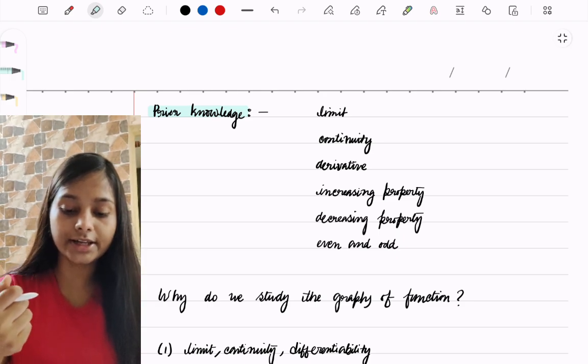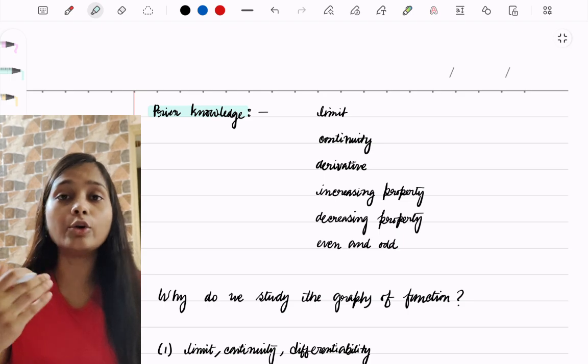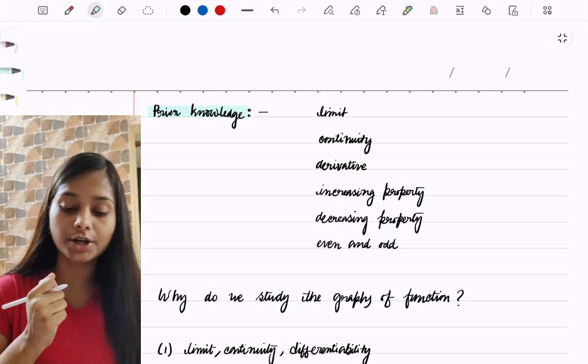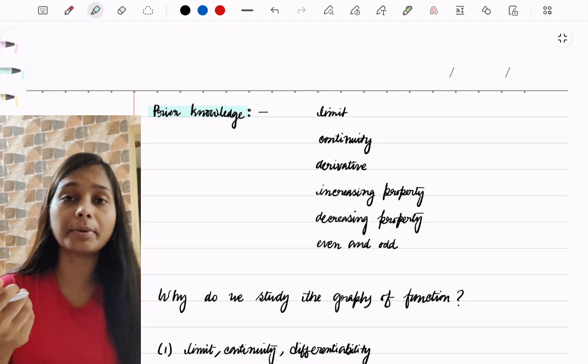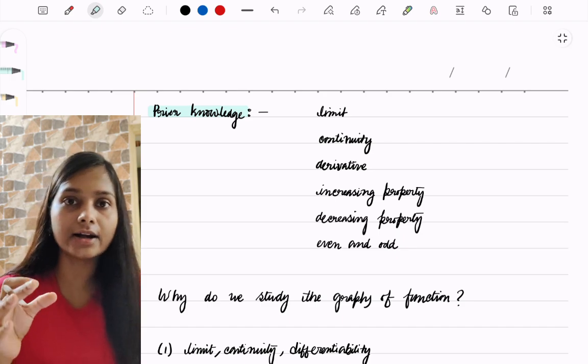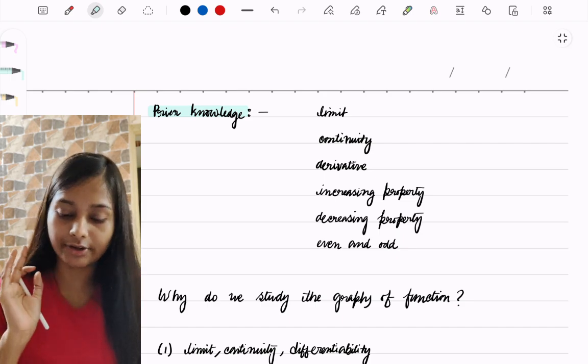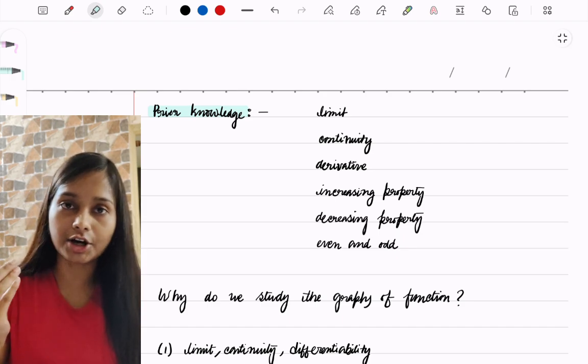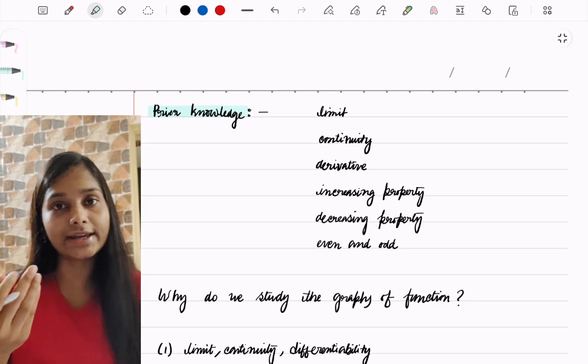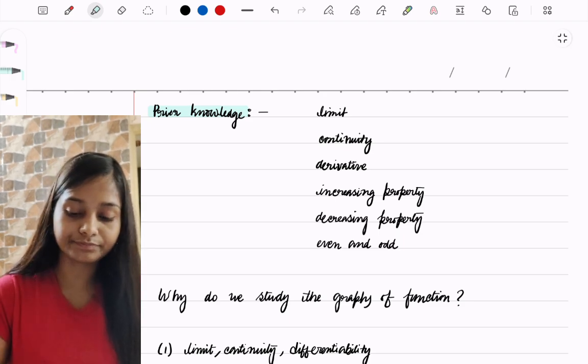Same with continuity, and the derivative, how to calculate the derivative of a function. Next is the increasing property, decreasing property. Those are derived using the derivative, and also whether the function is even or not, which we can easily calculate.